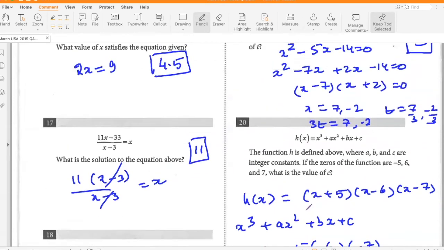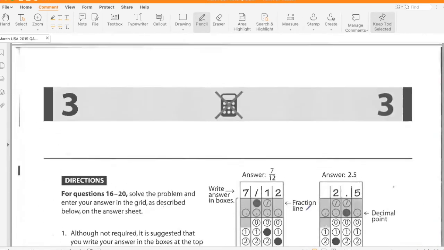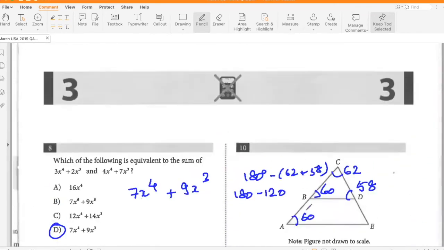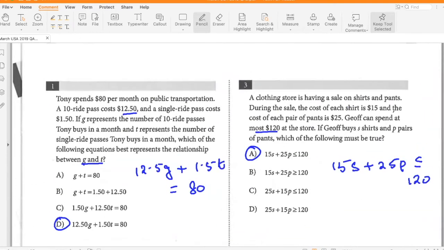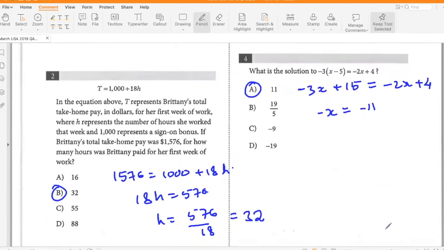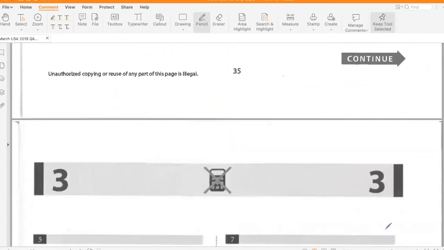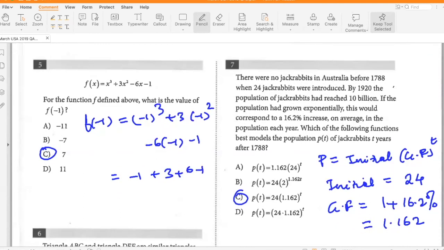Okay, let's grade this. Question 1: DBAAC. Number 6: BCDBB.